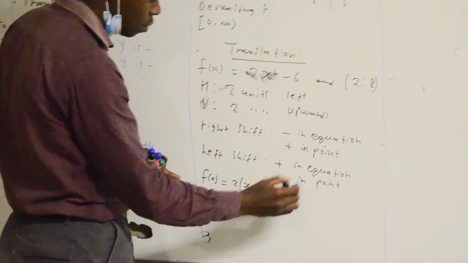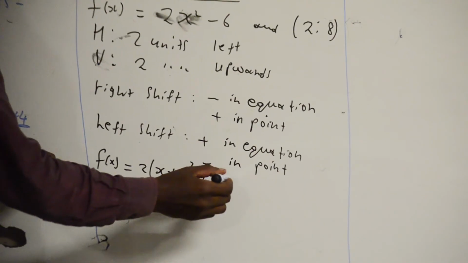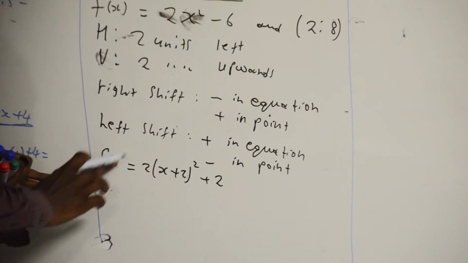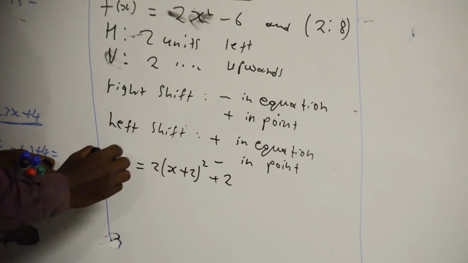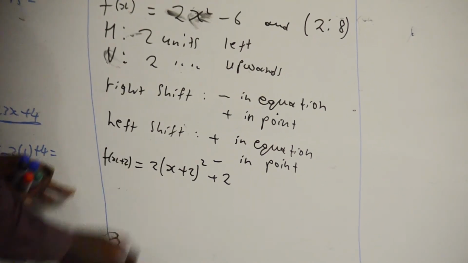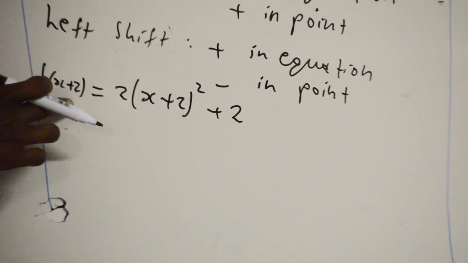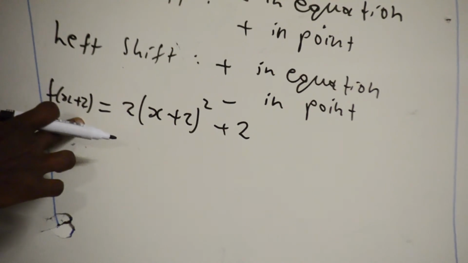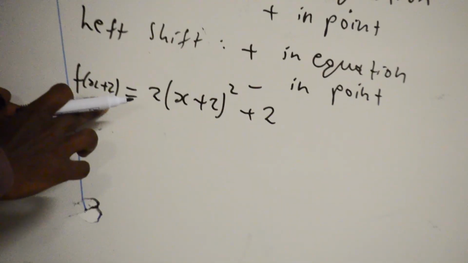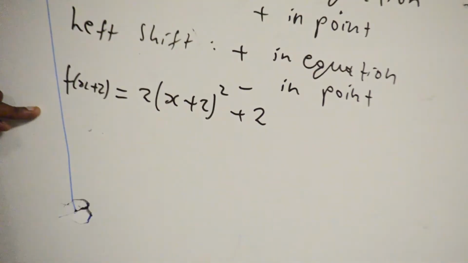That is my equation, which is no longer f of x. Let me apply exactly what I did. So f of x plus 2, yes, that is the case. So I shifted the graph 2 units to the left because of the plus, then 2 units upwards, which is my y value.